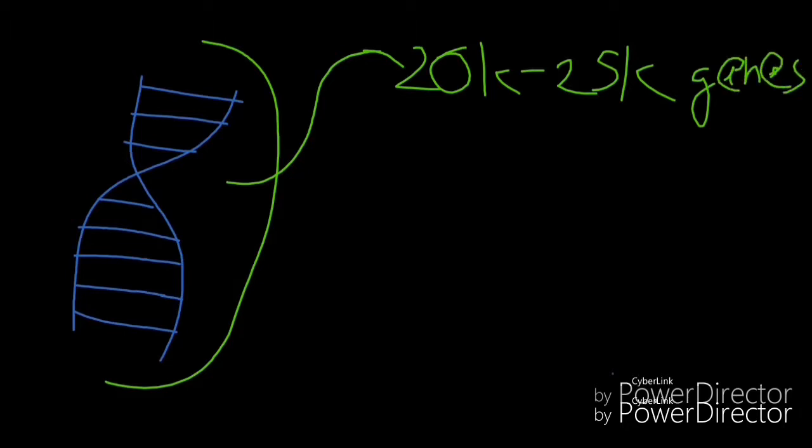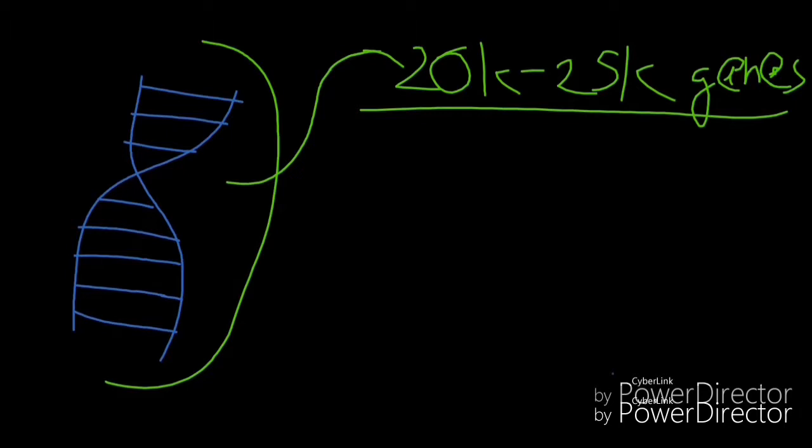There are 2 copies of each gene in us, and we get each copy from each parent. That means one copy of the gene you got from your mother, and the other copy you have in your body, you got from your father.